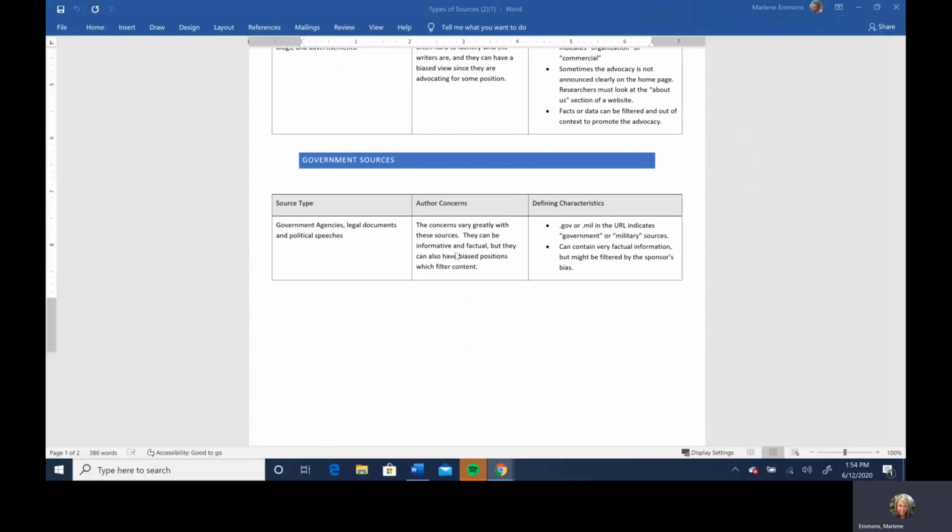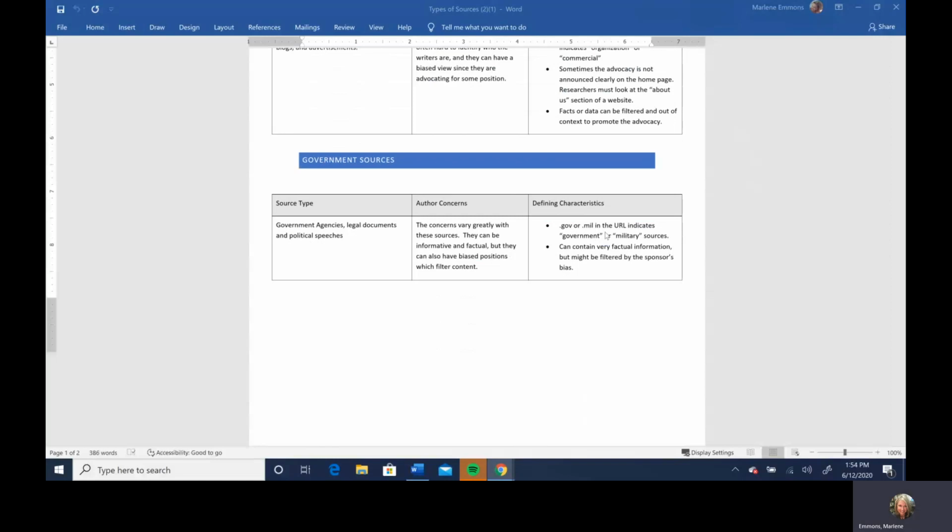I once had a student who was wanting to write and argue about the government needing to do more about PTSD of returning veterans. And she was feeling very frustrated because she was looking at a lot of the .mil military sites. And from those sites, she was getting the impression that the government was doing everything that it possibly could and that there were no real problems.